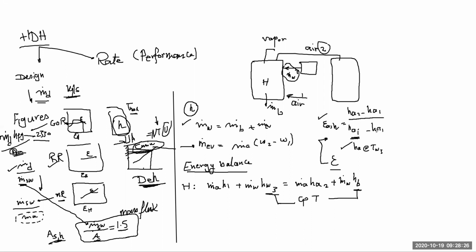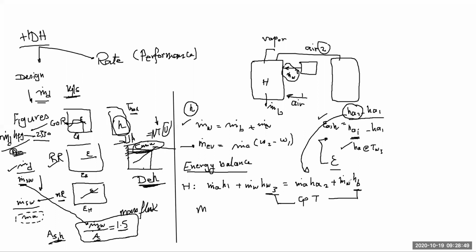You can use the effectiveness expression to get the enthalpy of the air leaving the unit. Then make use of the enthalpy expression to substitute it into the energy balance and calculate, for example, the enthalpy of the brine leaving. What about the quantity of brine?